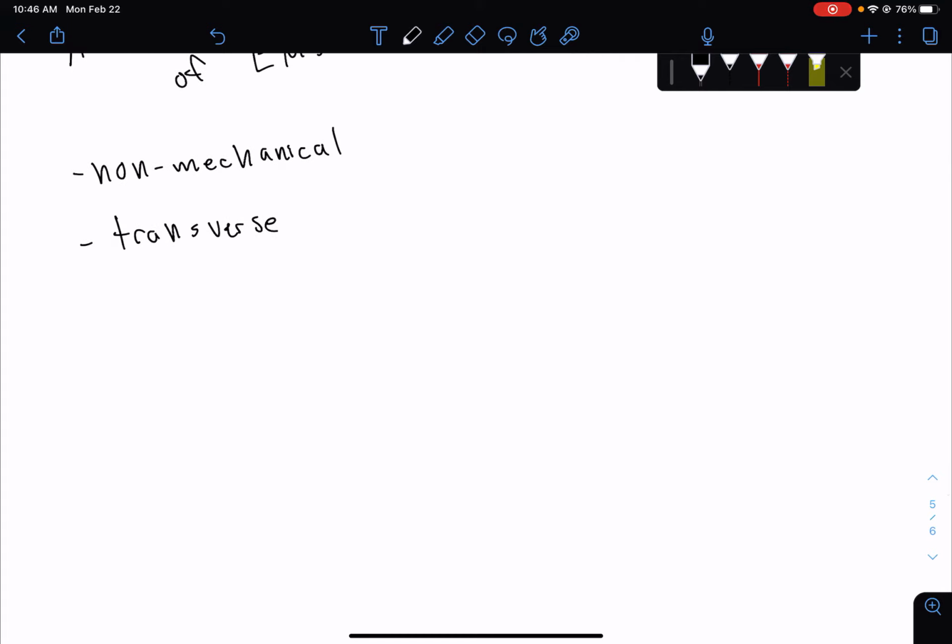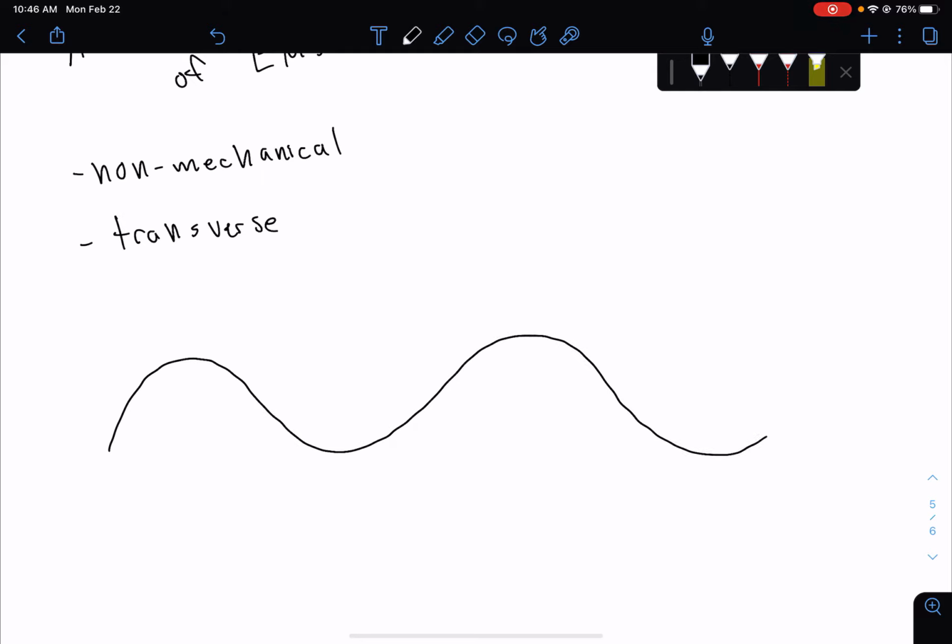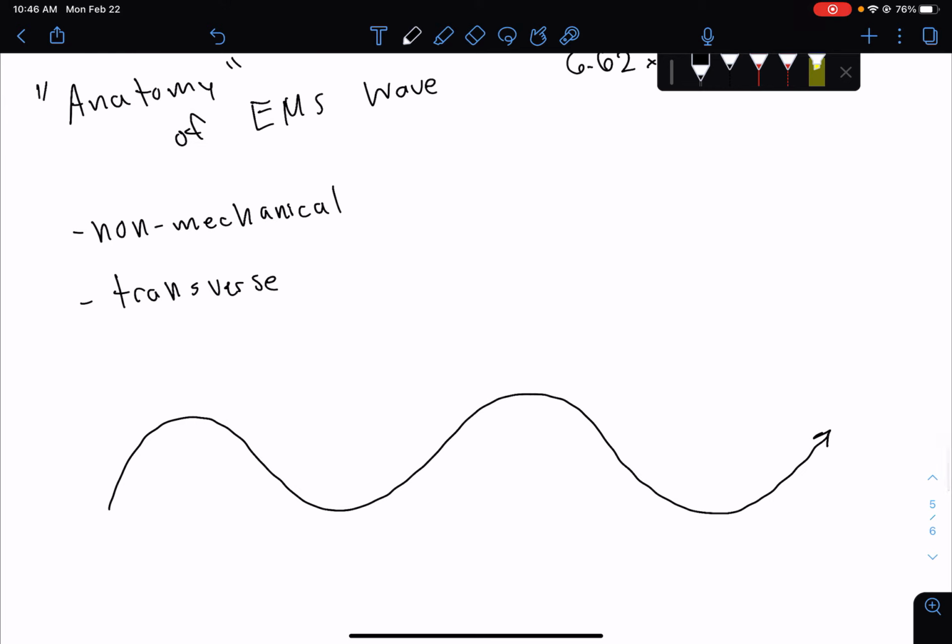And here's in general what they will look like. So if I have a transverse wave here, and it's traveling in this direction, we live in a three-dimensional world. Well, electromagnetic waves take on a three-dimensional property.